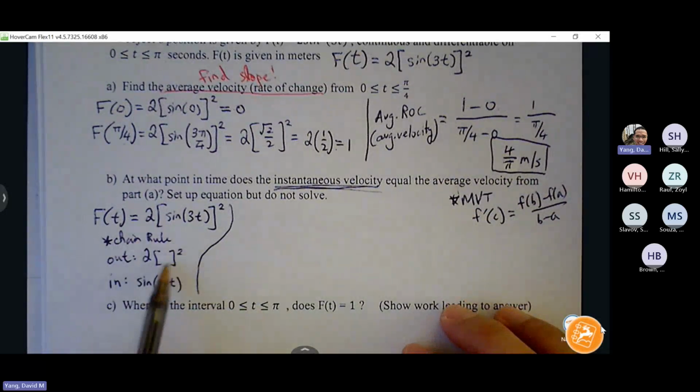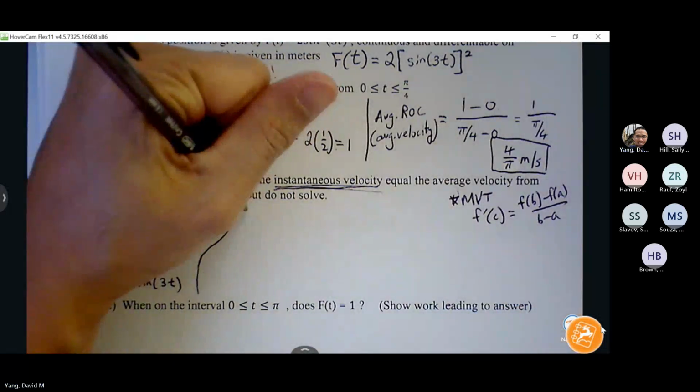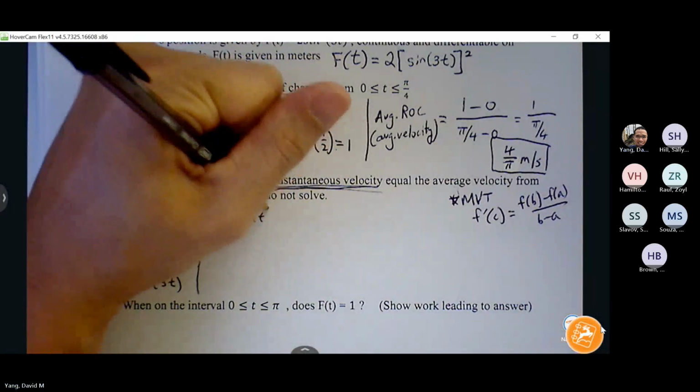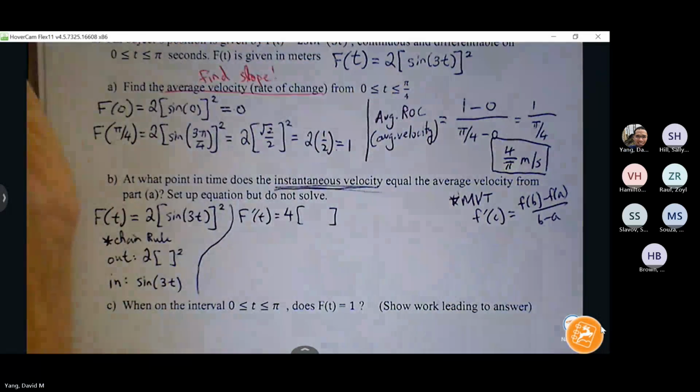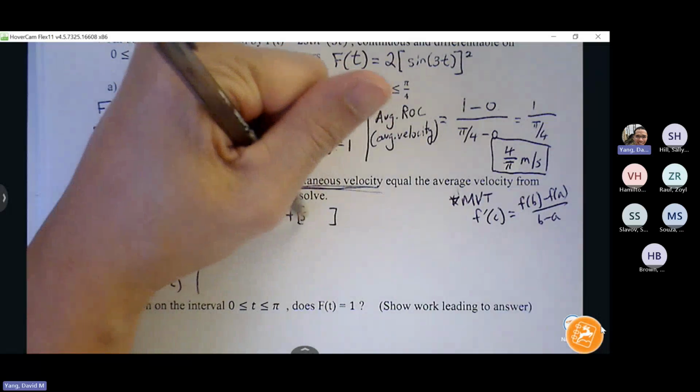All right, so outside's derivative first. If you want to find the full derivative of this expression, this is just power rule, bring down the 2, so 4 bracket to the first power. Keep the inside expression.